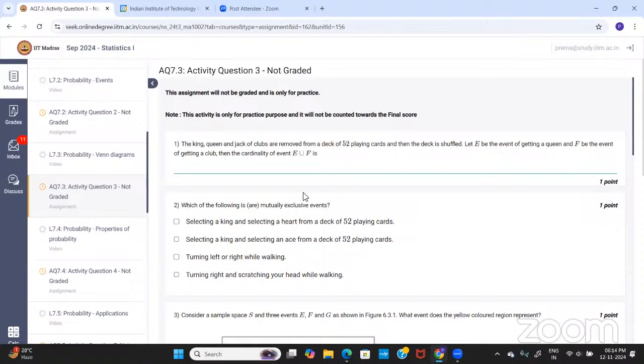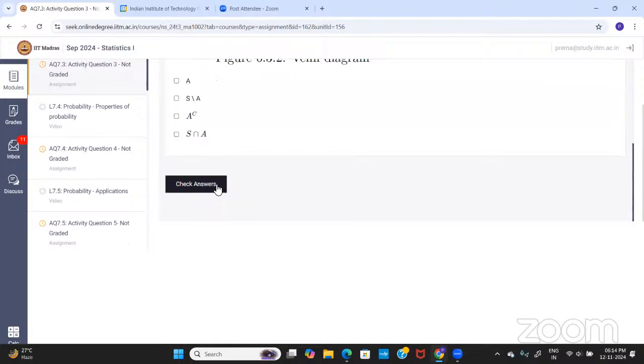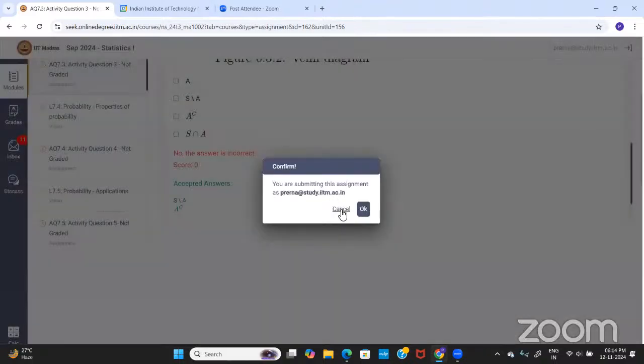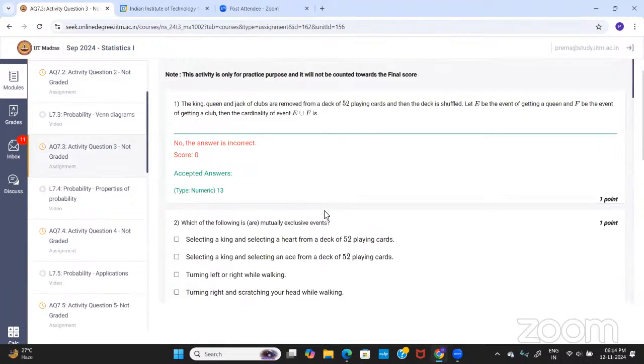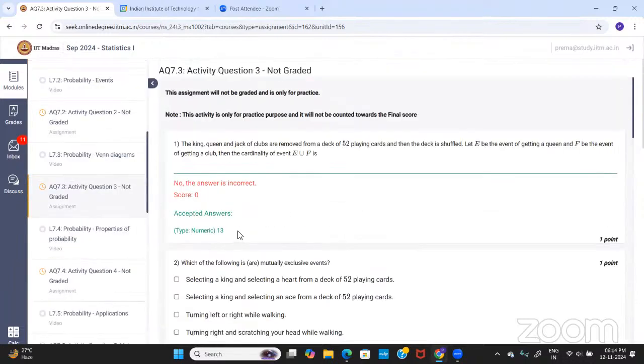You have to solve that. Let's check the answer. The answer is 30. Okay, try to solve it first. Write it down, then there will be no mistake.